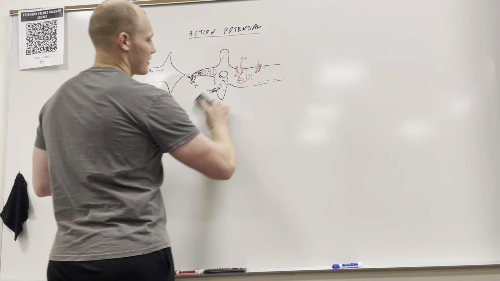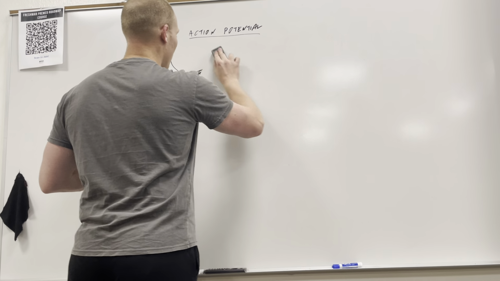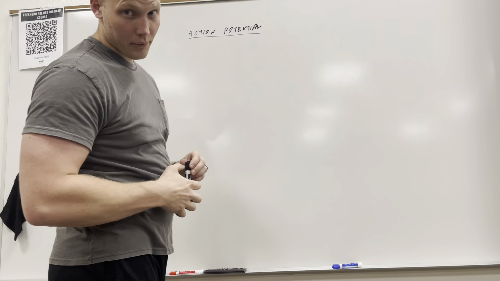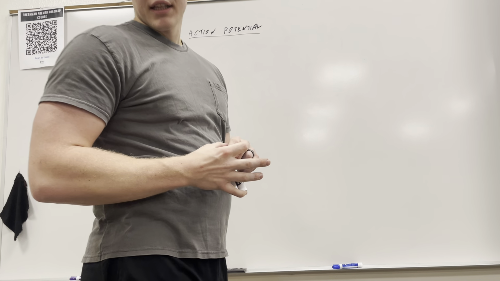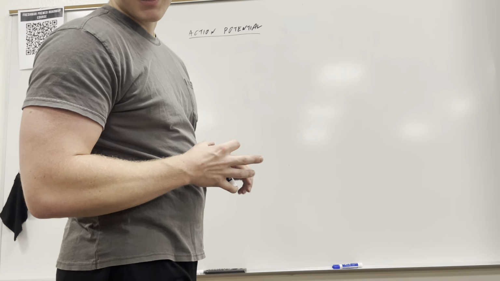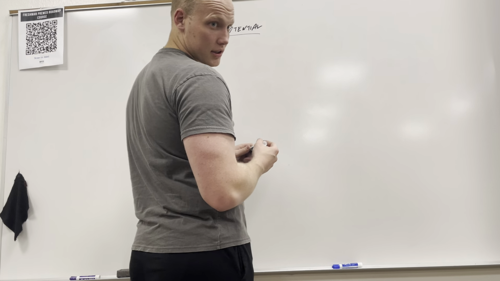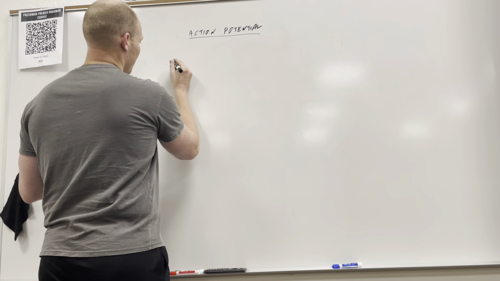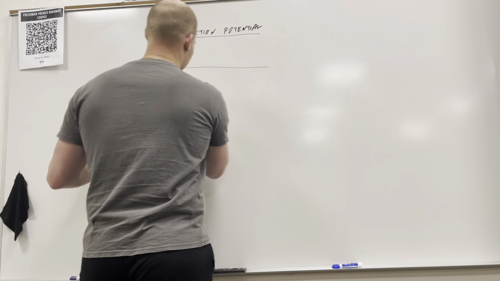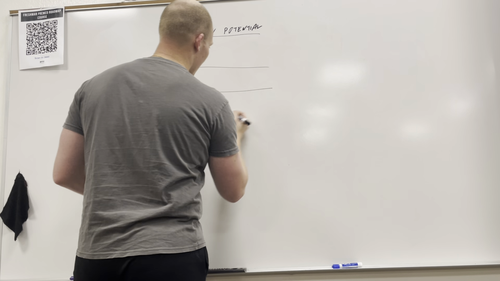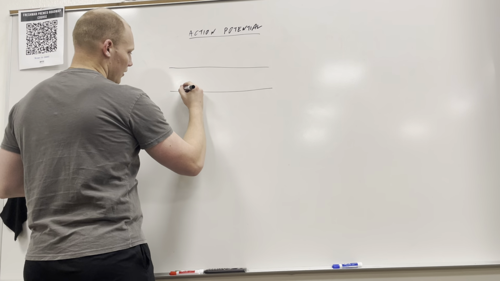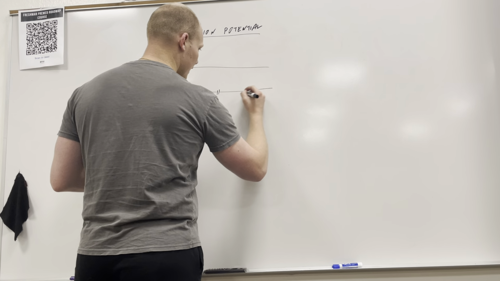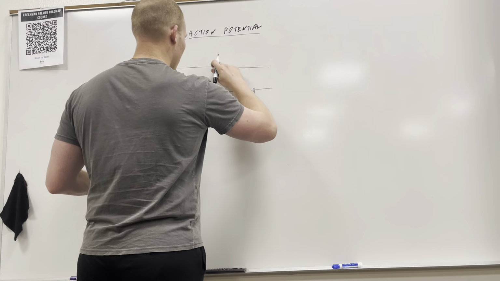There are certain things that will affect how an action potential moves down a neuron though. One of those is capacitance and a length constant. So if we look at a neuron here, we're just going to draw the axon part of it. We have leak channels going through here, allowing things to leak out on both sides.